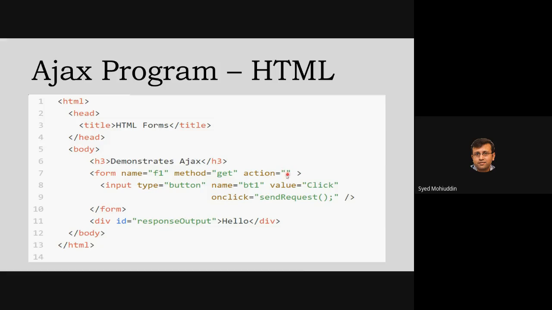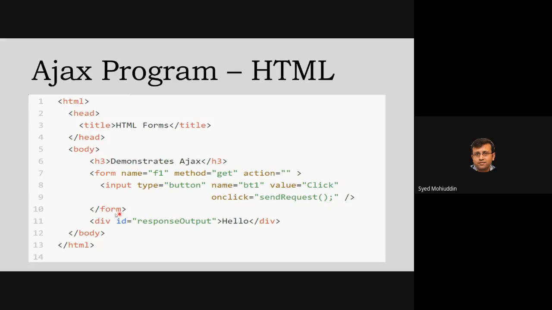In the action, we are not sending anything. There is no resource applied. And we have an input button where we click. Once we click, we call a function, send request. This is an explicit function which we have written, that is sendRequest.